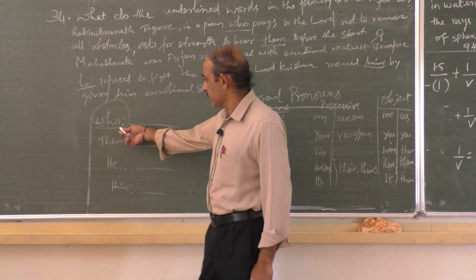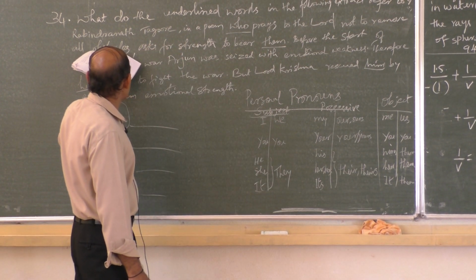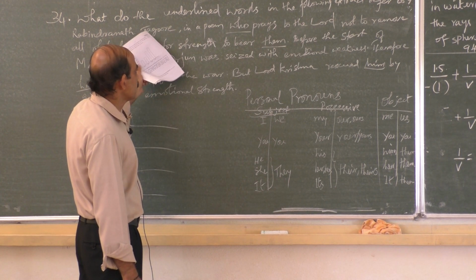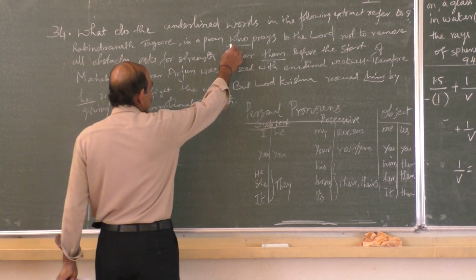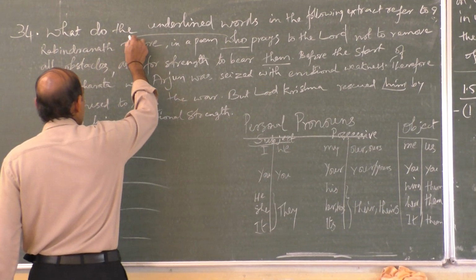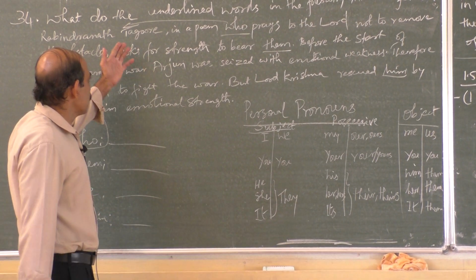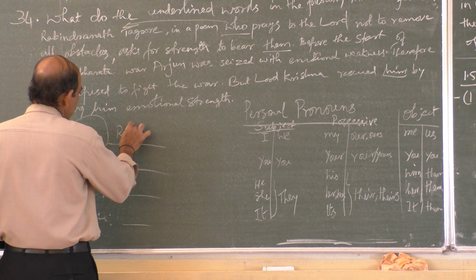Now look at this particular one, who. In the sentence, in the usage, it is easy to understand. That is, Rabindranath Tagore in a poem, who is a relative pronoun, refers to the noun or the pronoun. Here the noun is Rabindranath Tagore, so you have to write Rabindranath Tagore.